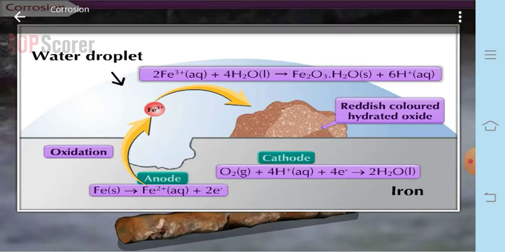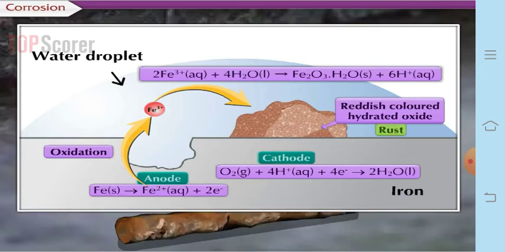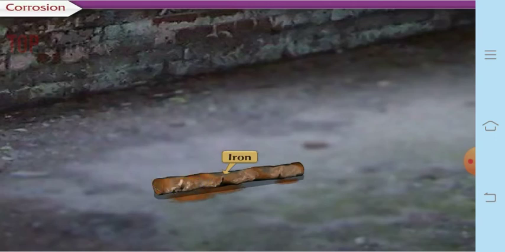So that is the case of iron. Now let us see how it takes place in other articles. This is called rusting. Due to various components of the atmosphere, oxidation of the metals takes place and results in their damage.